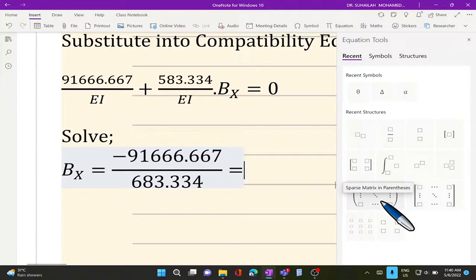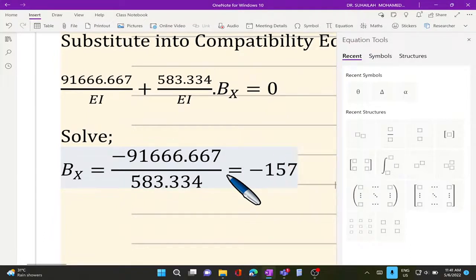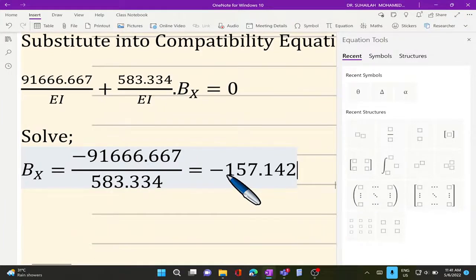This one is 91,666.667, we divide by 583.334. It is negative 157.143 kilonewton.